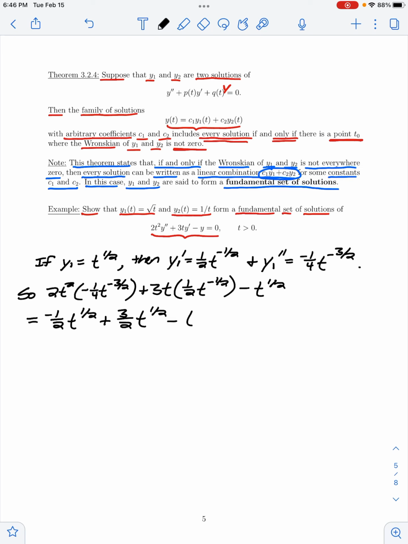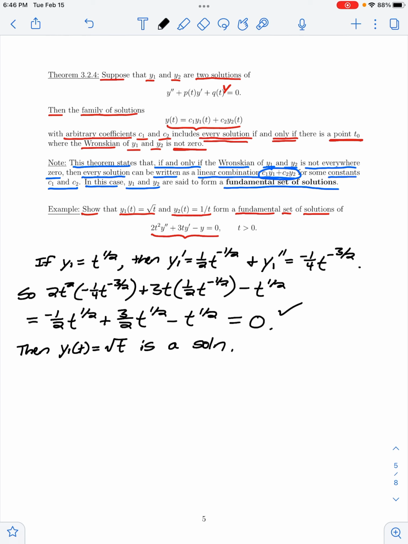And then minus a 1 times t to the 1/2 power. So when we sum these terms, we see that we do indeed get 0. So we have shown that y1, which was the square root of t, is a solution of this differential equation.